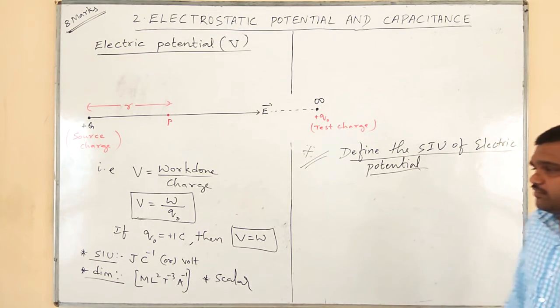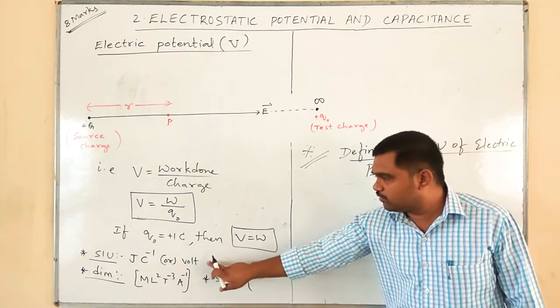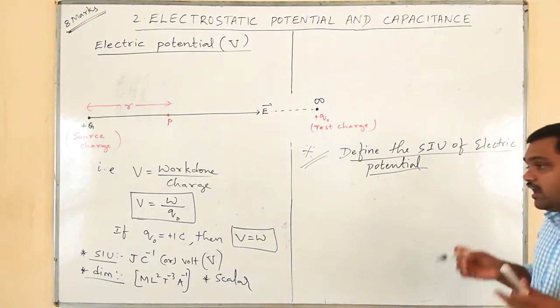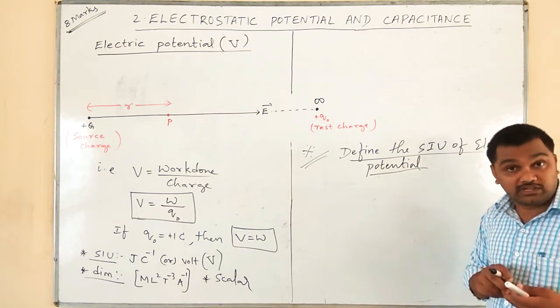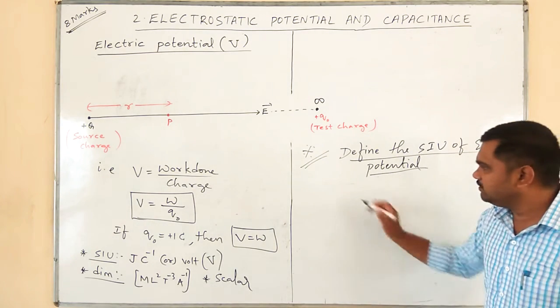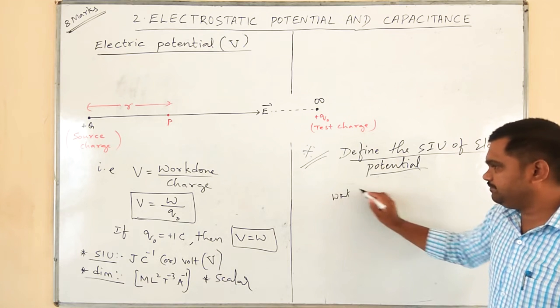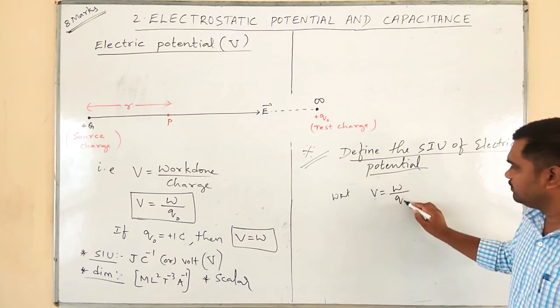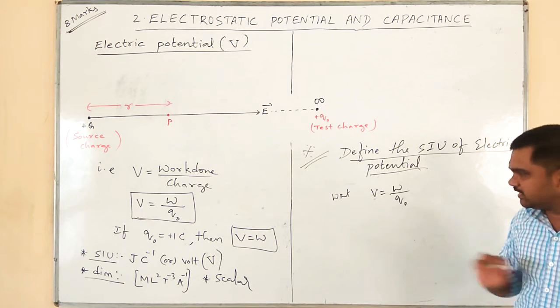What is the SI unit of electric potential? Joule per coulomb or simply volt. Now we have to define that 1 volt. See, very simple. We know that V is equal to W divided by Q naught, isn't it?